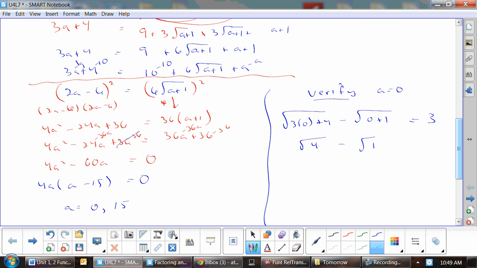I'm like, this is going to work out. It's not supposed to. Okay. Square root of 4 minus 1 is supposed to equal 3. 1 equals 3. Oops. Okay, and this is where you put a little mark here. No, it doesn't.